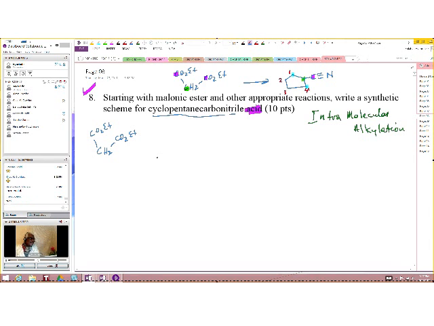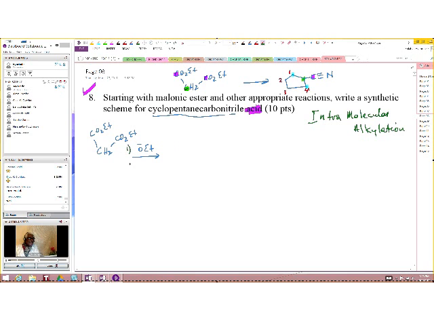In this case, since we have an ethyl group in the ester functionality, we want to use an ethoxide here to form the enolate. And once we do that, you get this here. Well, I tell you what, let us simply say step 1 to save ourselves some time. So step 1, form the enolate.